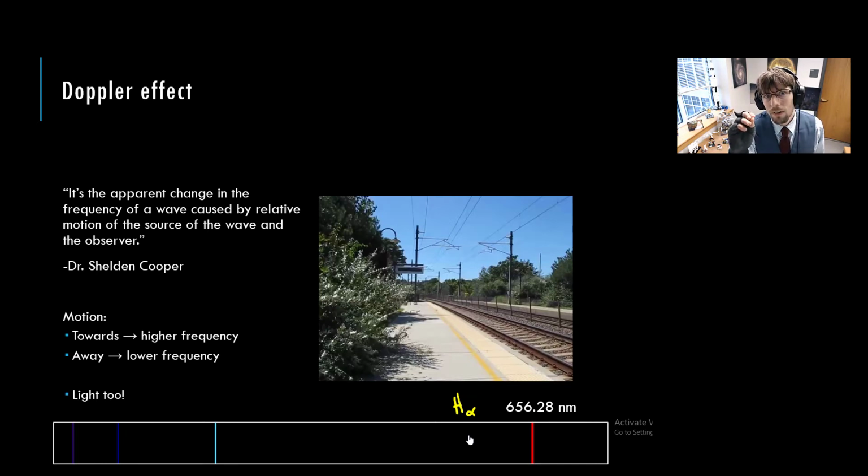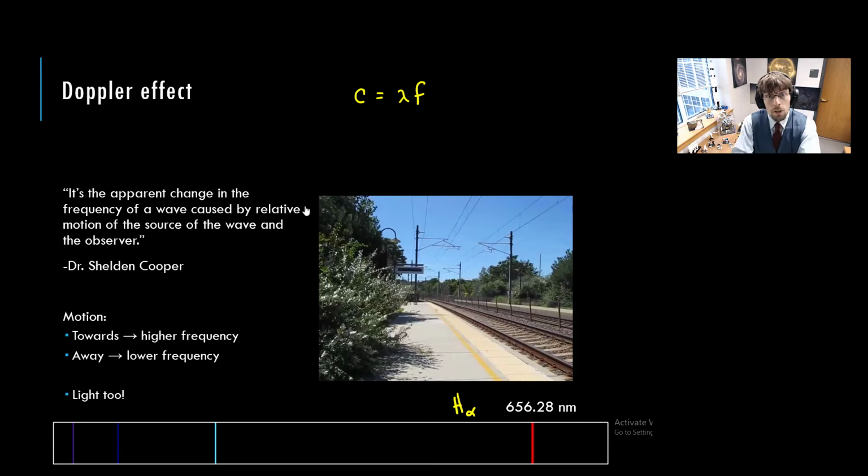How is frequency and wavelength connected? How are they related for light? Yeah, this one's a little harder. Remember, the speed of light is given by the wavelength of light times the frequency of light.